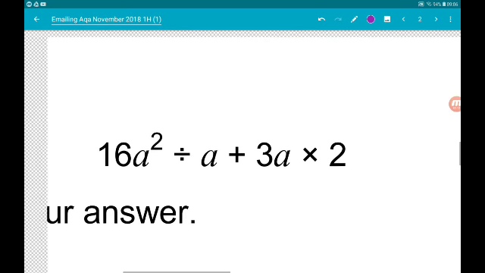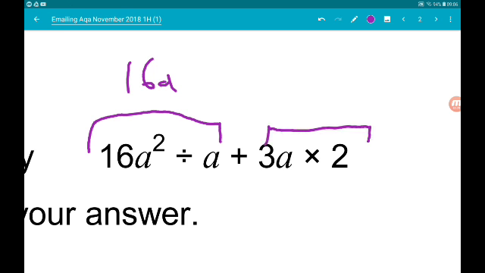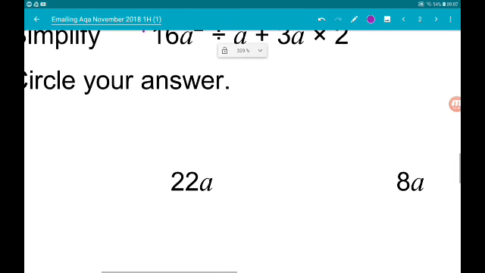First up we need to do the division. 16a squared divided by a is 16a, and then we need to do the multiplication. 3a times 2 is 6a. So we've got 16a and 6a. Altogether then we've got 22a. Cool.